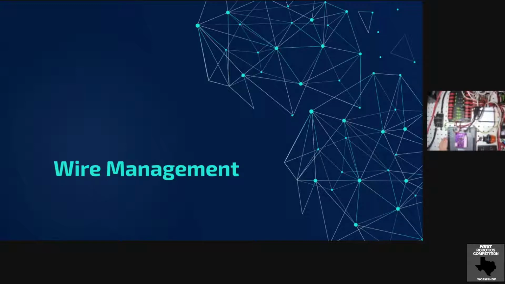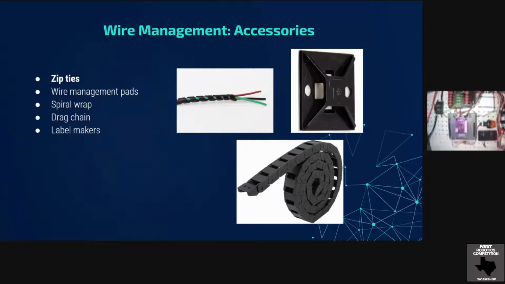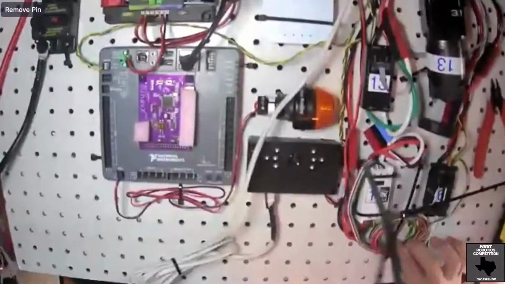So why? There's one thing that is 100% necessary: zip ties. Zip ties are your best friend. You'll see them everywhere. You can do anything with them. You'll notice I have loops here, I have them connected down to things, and more loops connecting bunches of wires, like right down here.